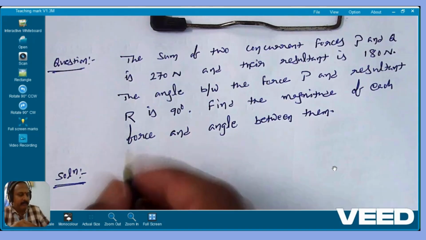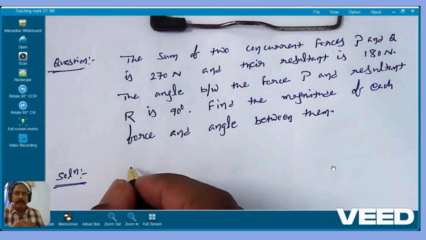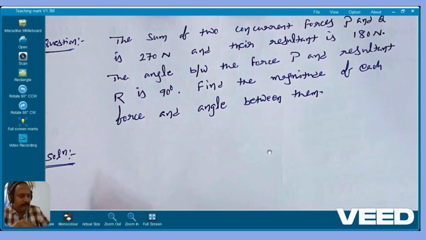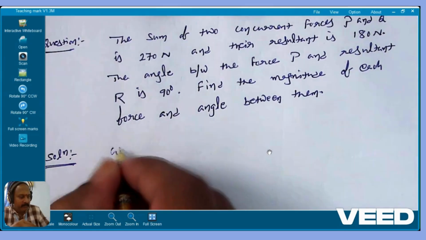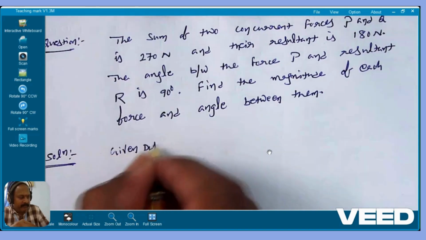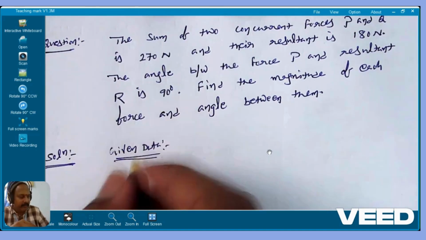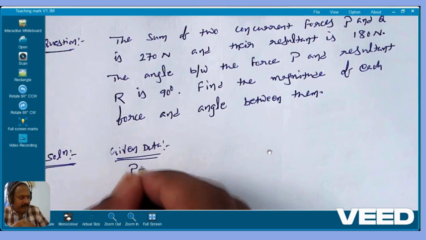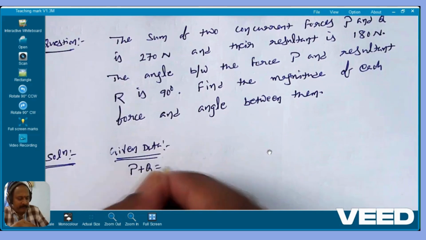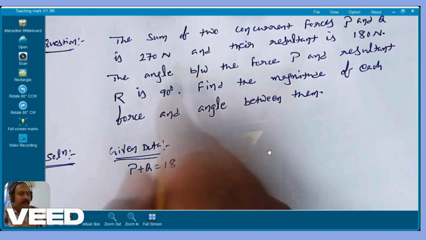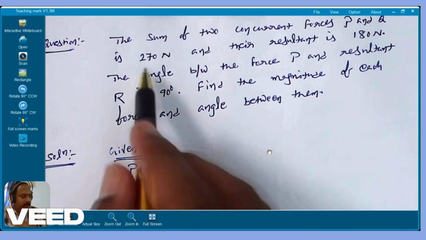So let us solve here. First, let us write down the given data. As per the question, the sum of two concurrent forces is 270 Newton.